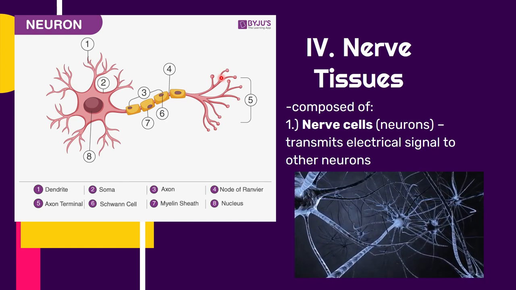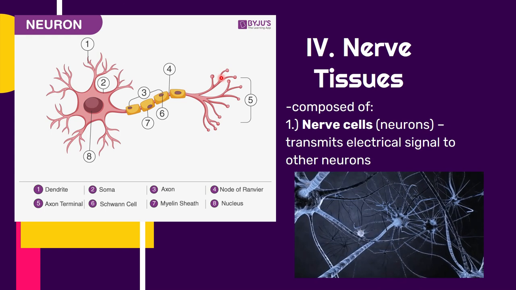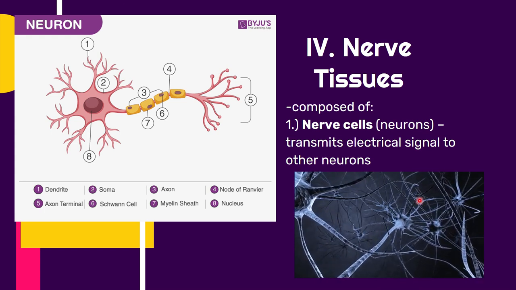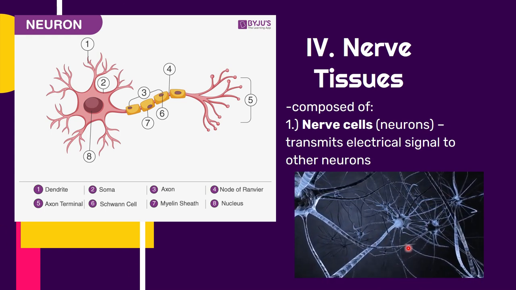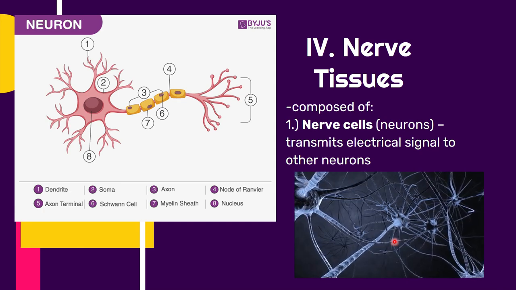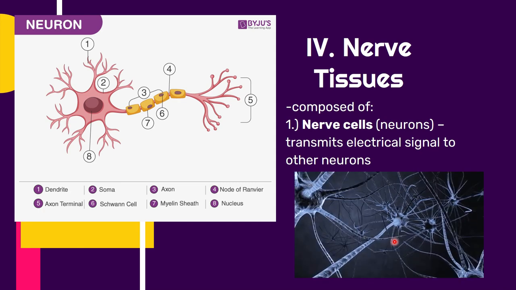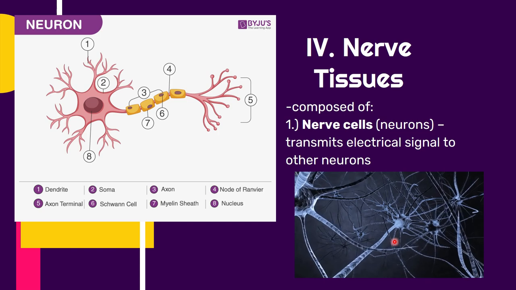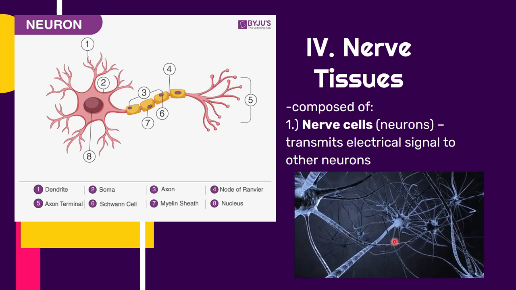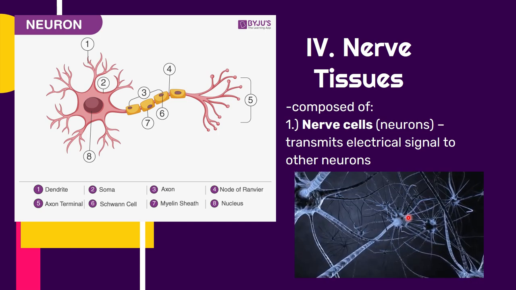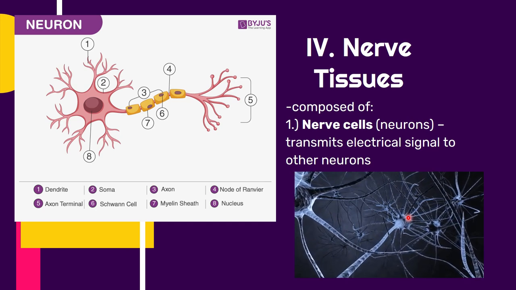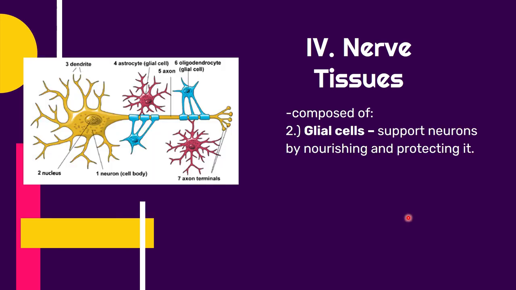Then nerve tissue is not only composed of networks of neurons, as you can see in this one. Okay, I chose this GIF because it best visualizes the passing on of the electrical signal from neuron to neuron. Another type of cell that comprises nerve tissue is the glial cells.